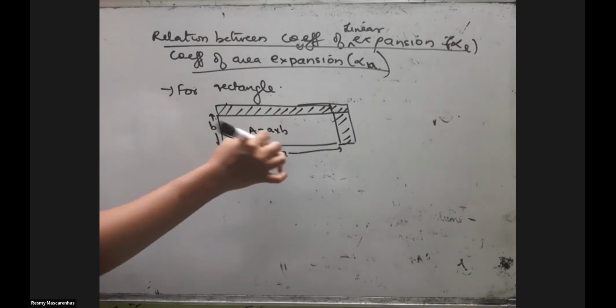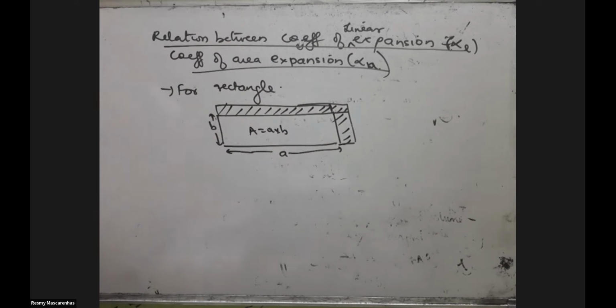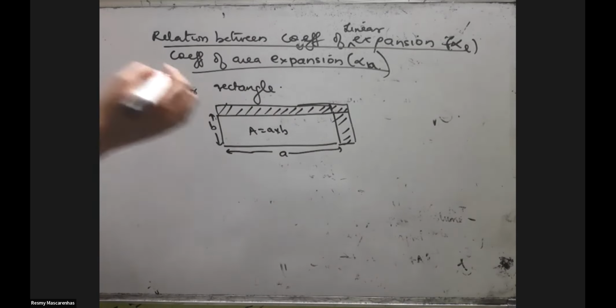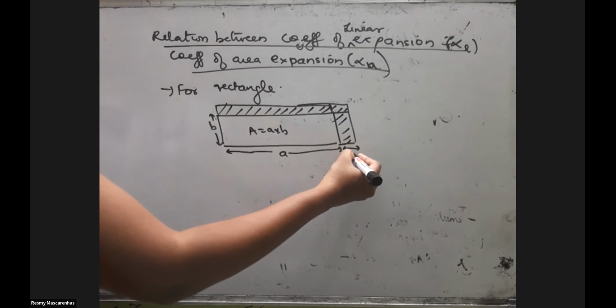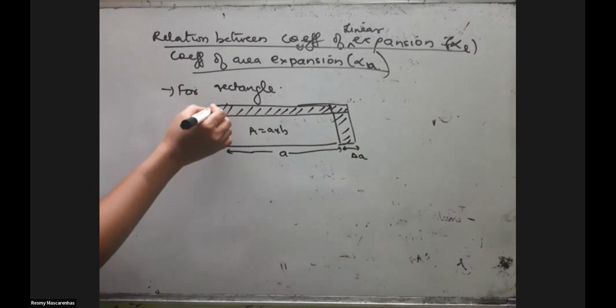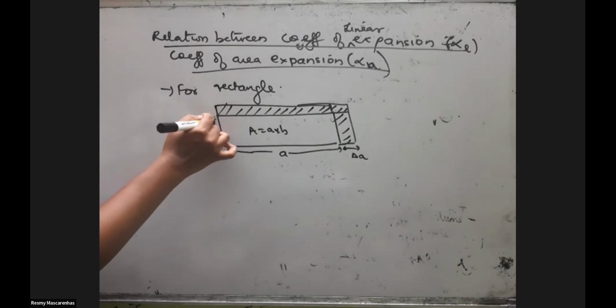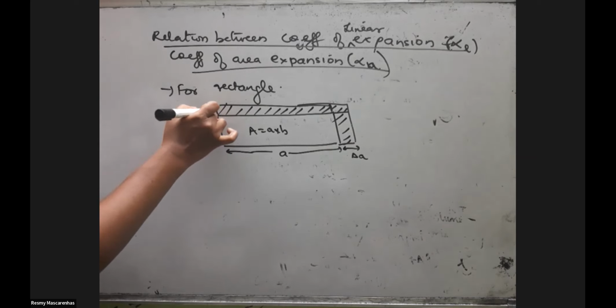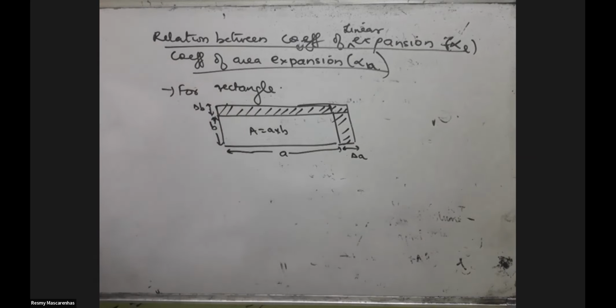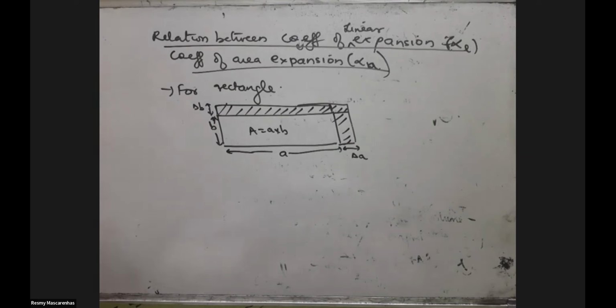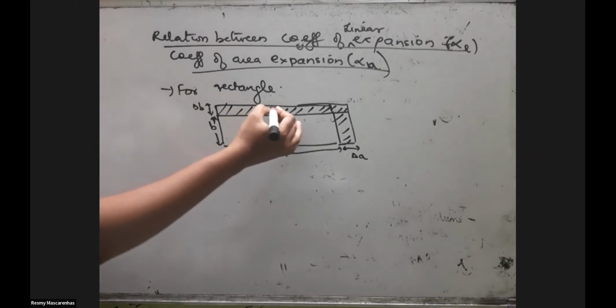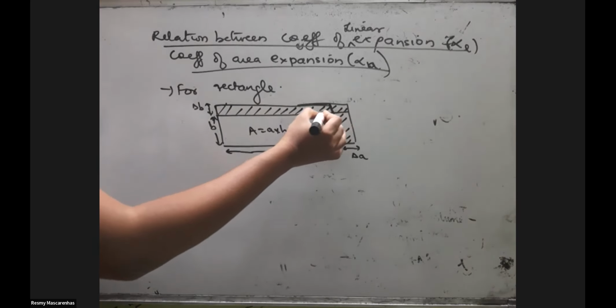A into B, length into breadth. Now suppose the length has increased by a small distance delta A and the breadth has increased by a small distance delta B. What will be the area of this strip from here to here?